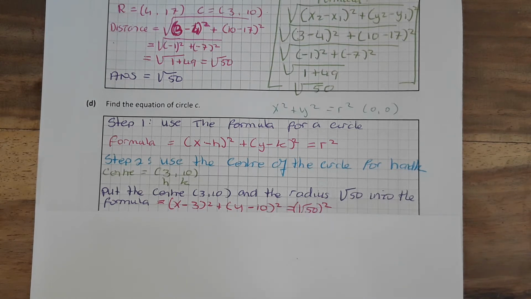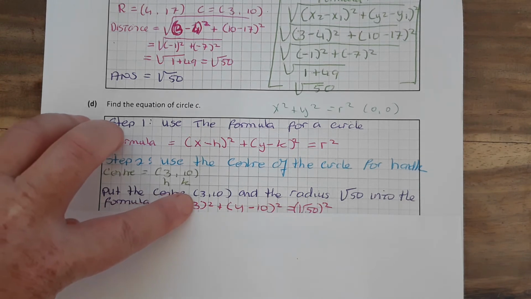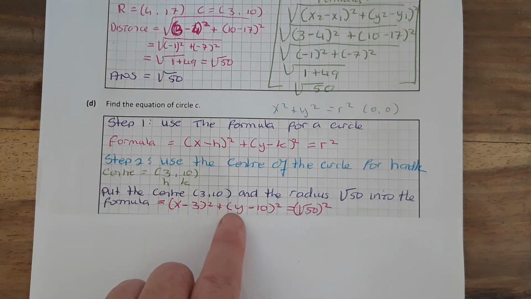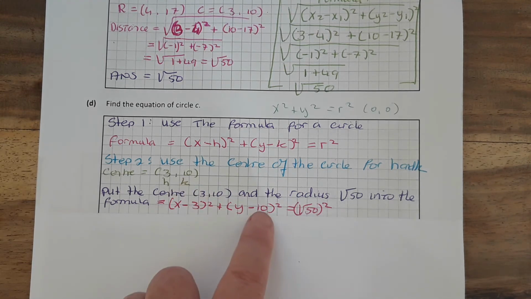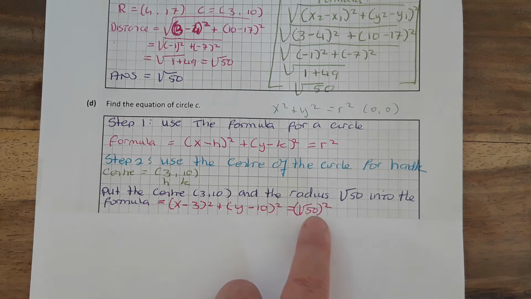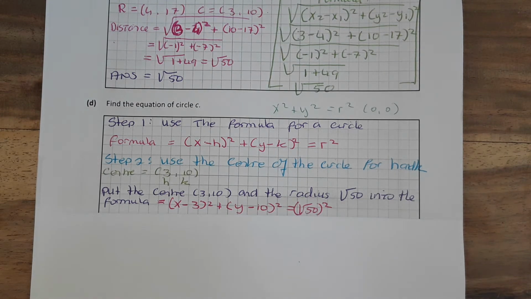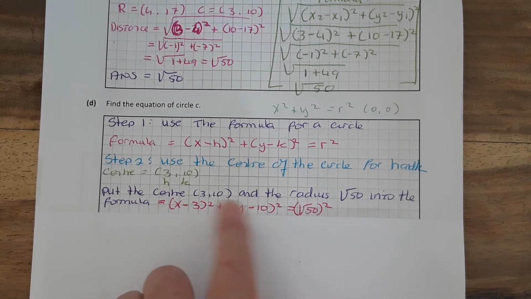So the formula then is x minus, and instead of h, you have 3 to be squared, plus y minus, instead of k, you have 10 to be squared, equals the square root of 50 to be squared. Okay, so just simply put them in. And now there's very little working out to do with this because you can't do anything with that. You just leave that alone.